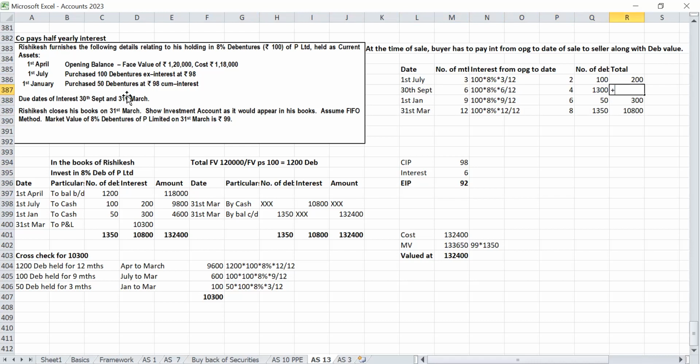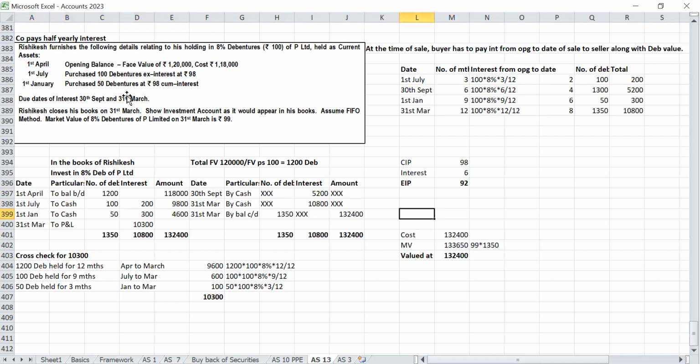So total interest 1,300 into 4, 5,200, on 30th September by cash. No number of debentures, no amount, only interest 5,200.